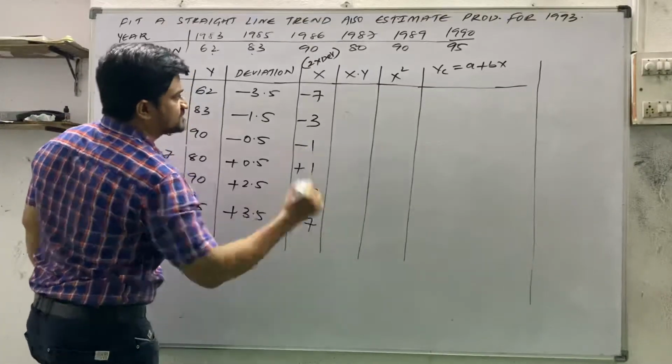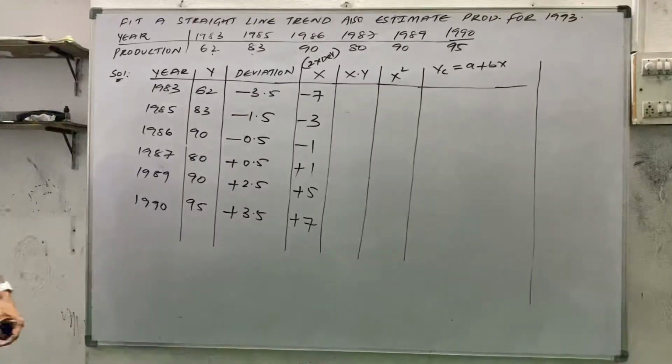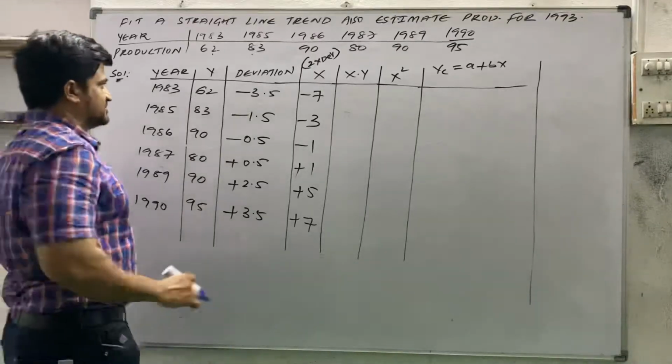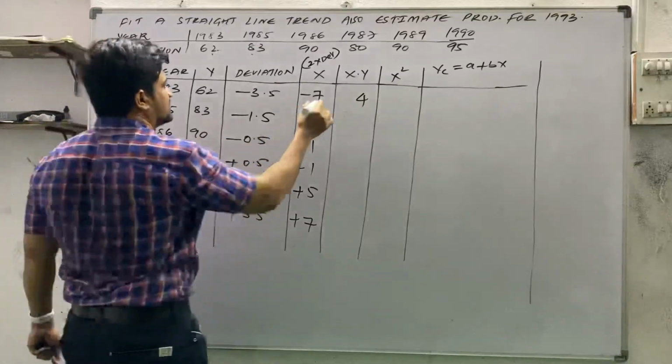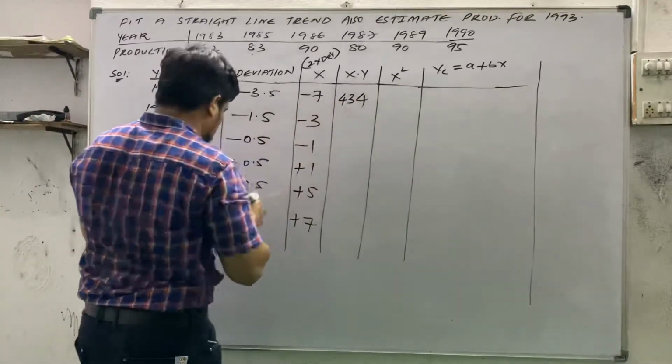Then 7. X into y, 62 into 7. We will cross check this.